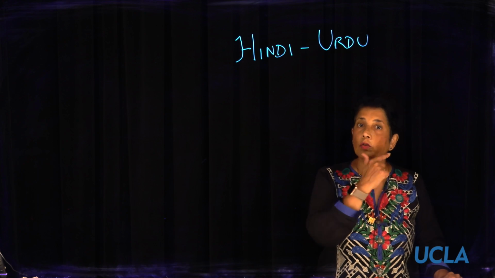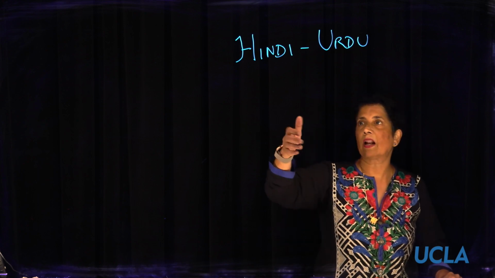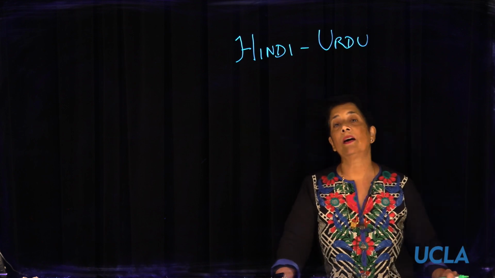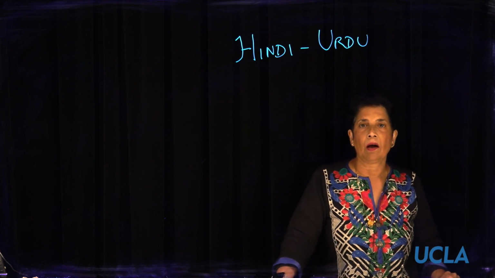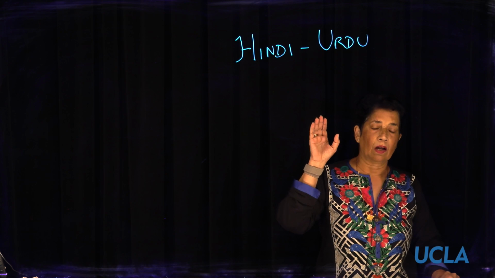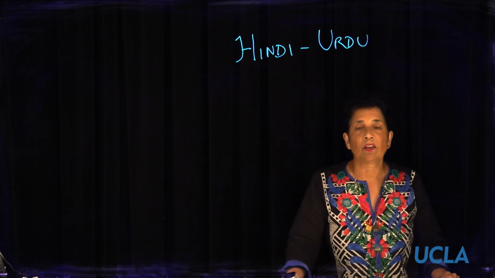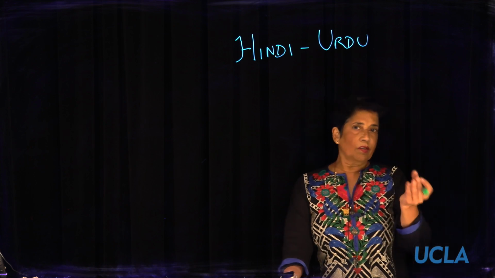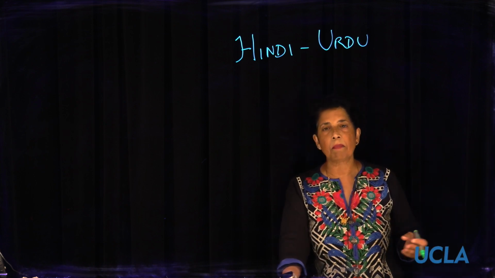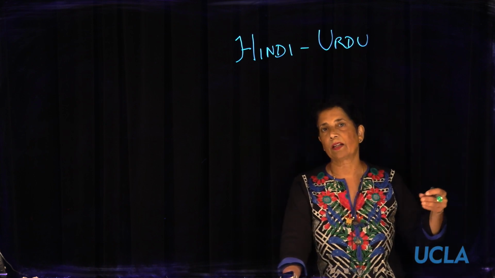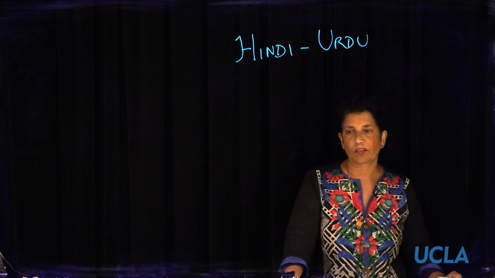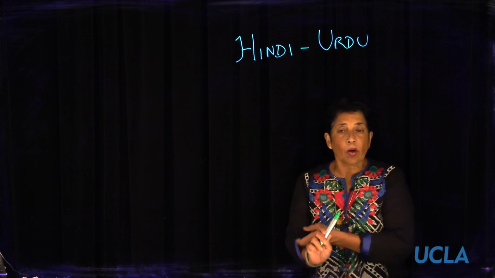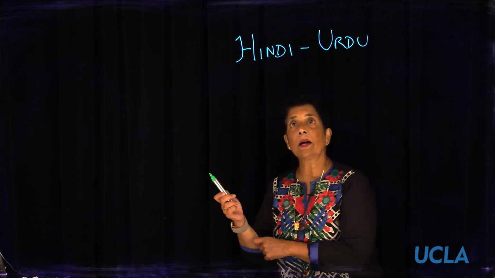Although I'll try not to switch between the languages when I'm giving examples, but I will be doing a comparative between English and Hindi-Urdu. As far as words are concerned, as I mentioned, we will be using code mixing and what's referred to as translanguaging.